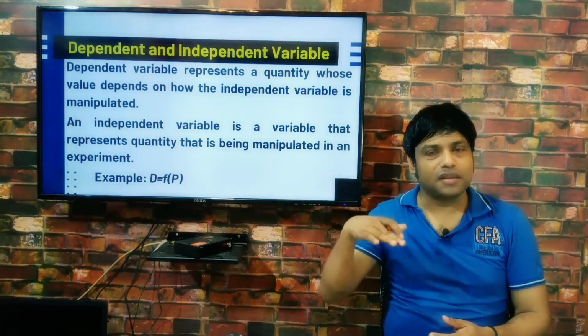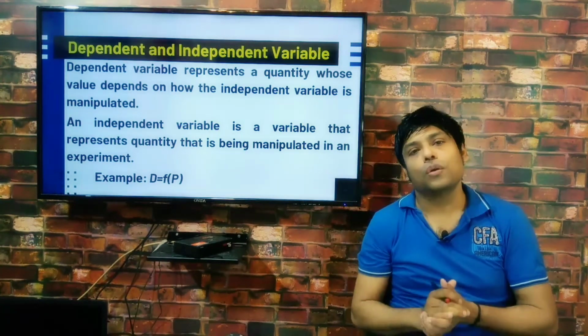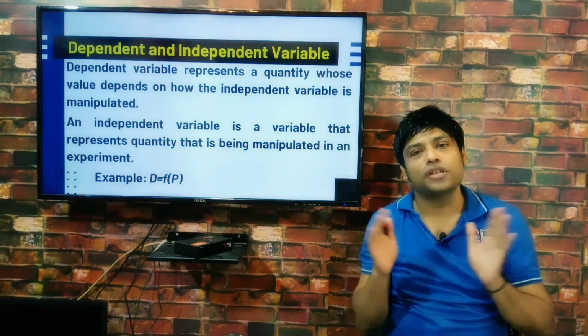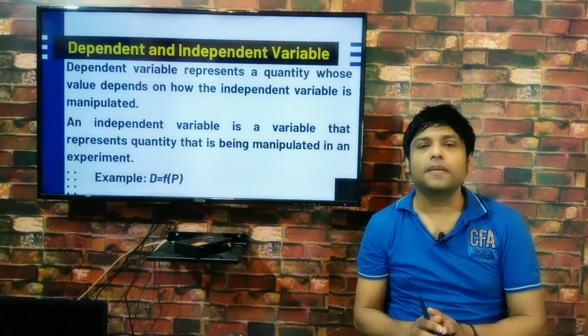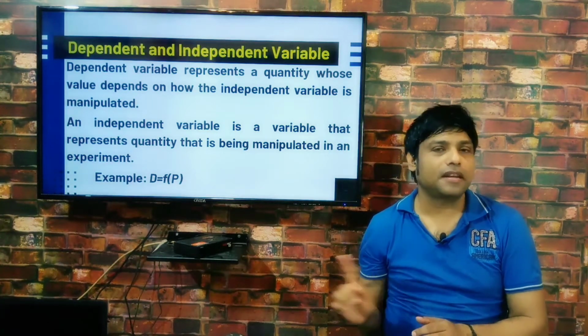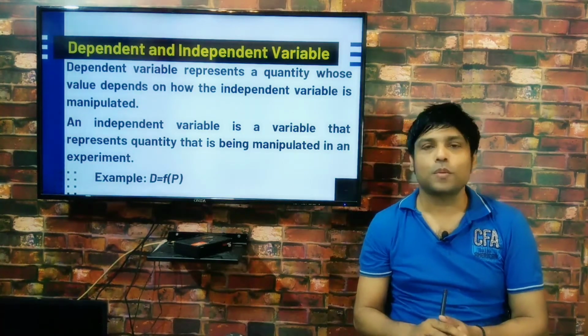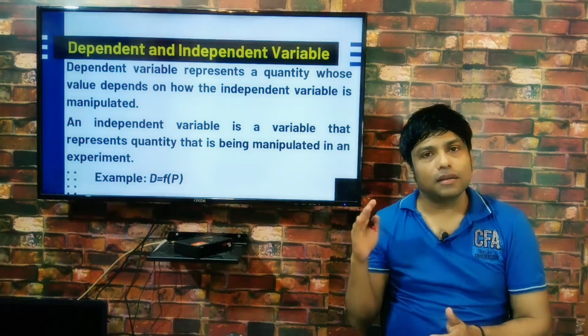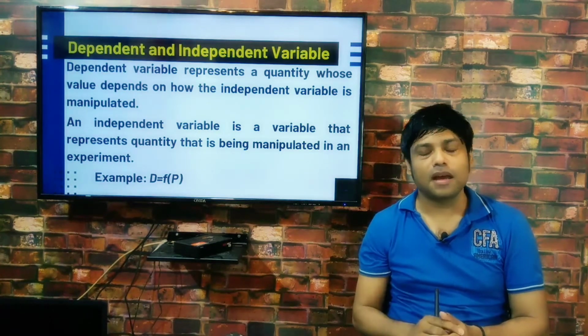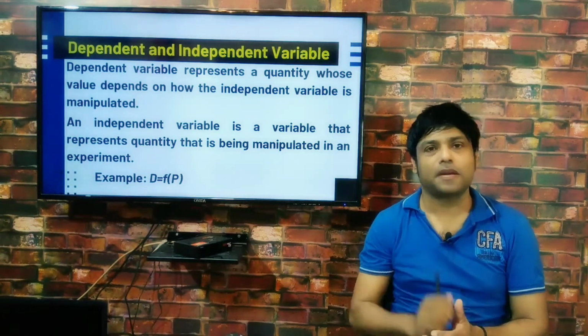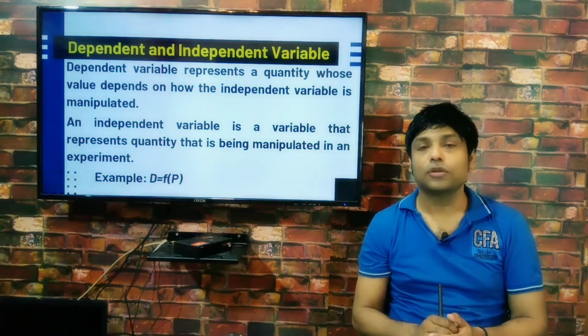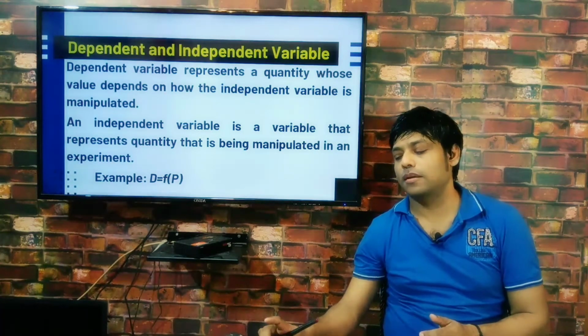When price decreases, demand increases. So both have an opposite relation. Here, price is not depending on demand, demand is depending on price. That is why here D is the dependent variable and P is the independent variable. So let's move to the next slide.